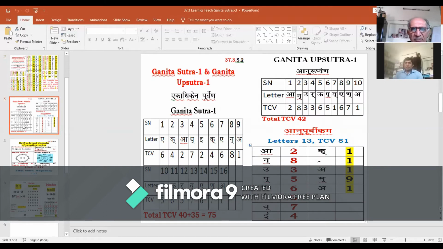Now, let us see. We have Ganita Sutra 1, Ekadikena Purvena, and Ganita Sutra 2, Anurupyena. There are two streams, two flow lines. The first is of the 16 Ganita Sutras, and the next is of the 13 Upsutras.